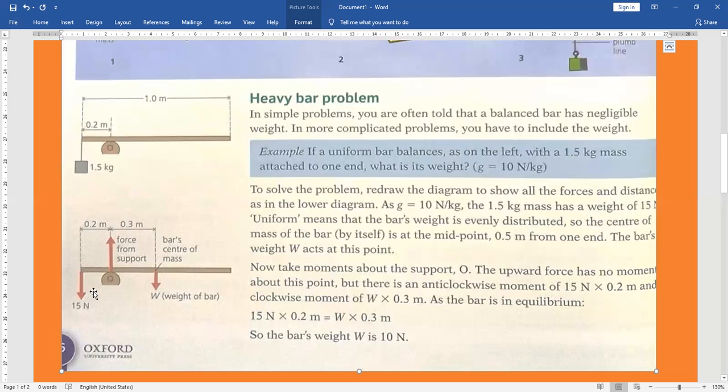Second thing is W multiplied by 0.3. That is the clockwise torque. When we multiply 15 by 0.2 and divide by 0.3, we get the simple answer: W is equal to 10 Newton.